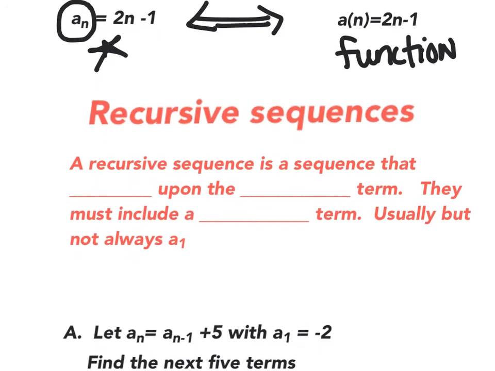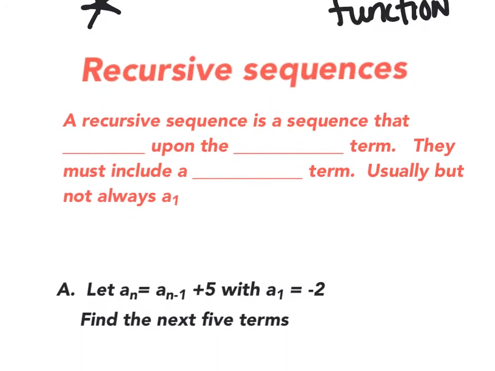The next thing we have to be familiar with is something called a recursive sequence. So here's our definition. A recursive sequence is a sequence that depends upon the previous term.